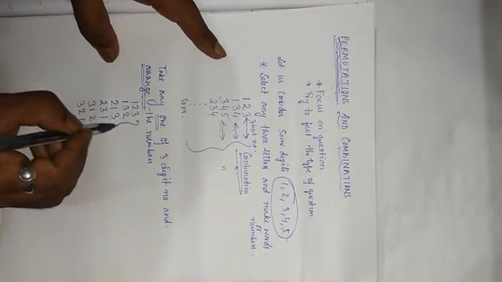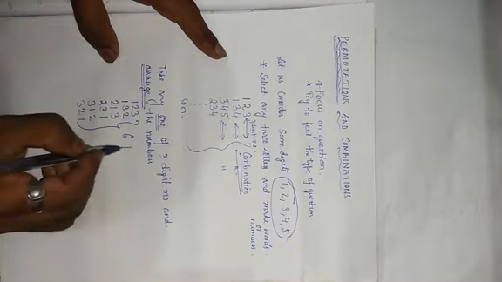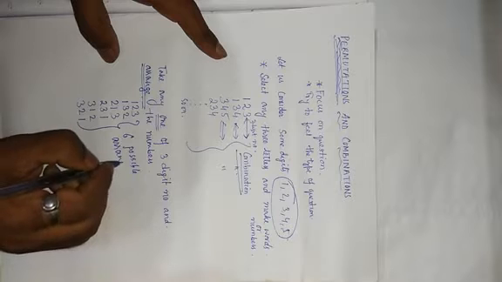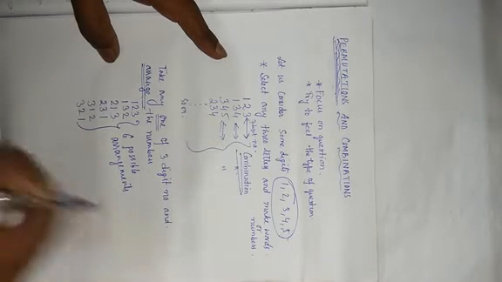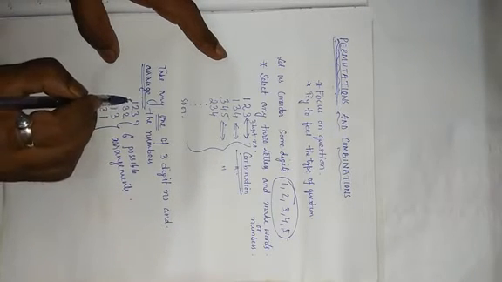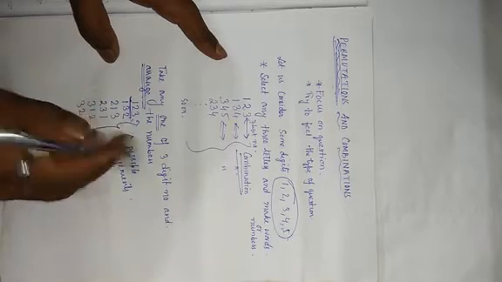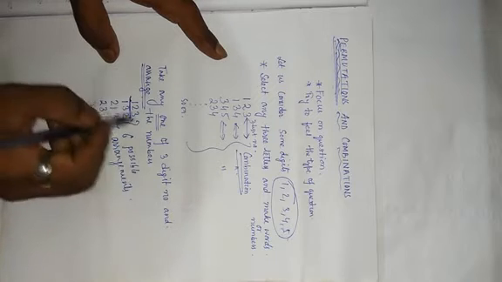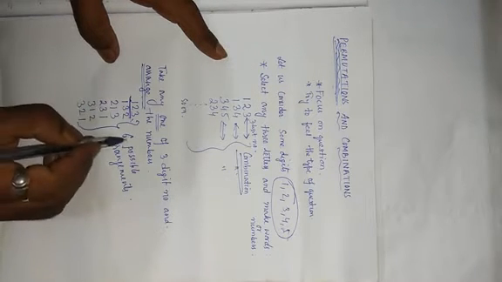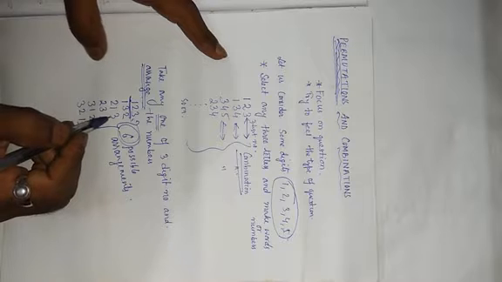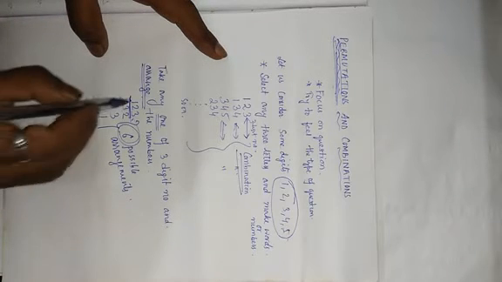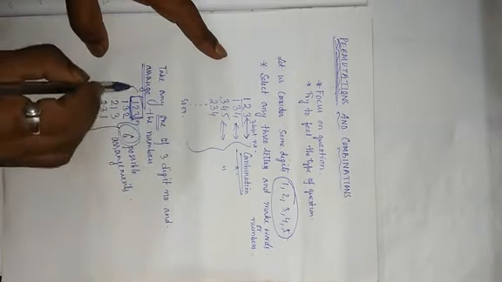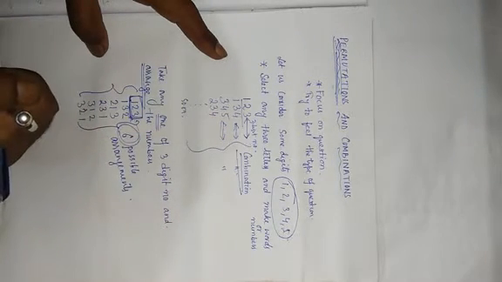So these are the 6 possible arrangements which can be done from the numbers 1, 2, 3 by rearranging or interchanging the position of the digits. So there are total how many possible cases? 6 possible cases. So by taking a particular combination, I have arranged 6 numbers.